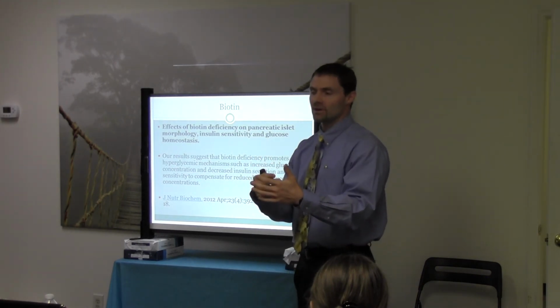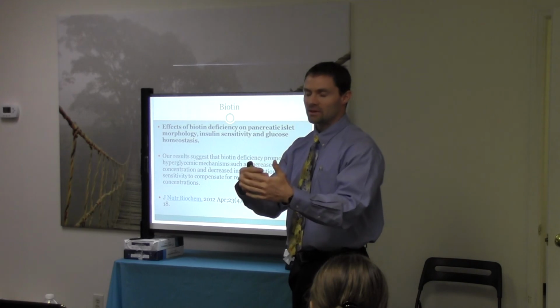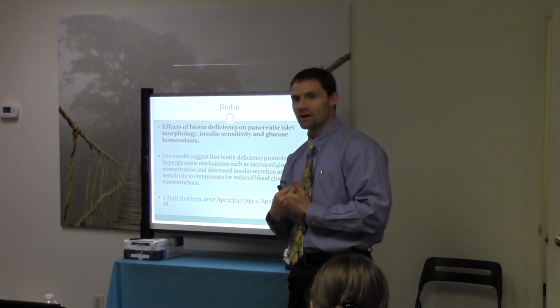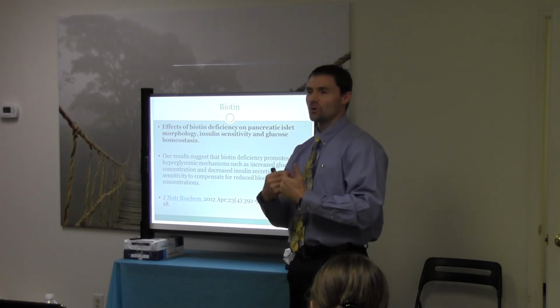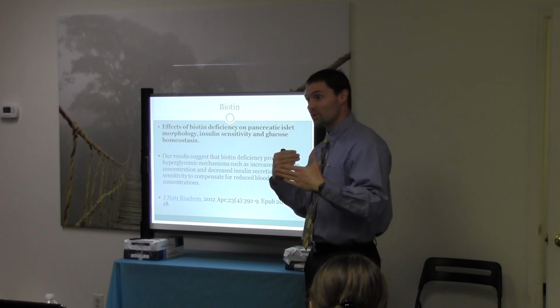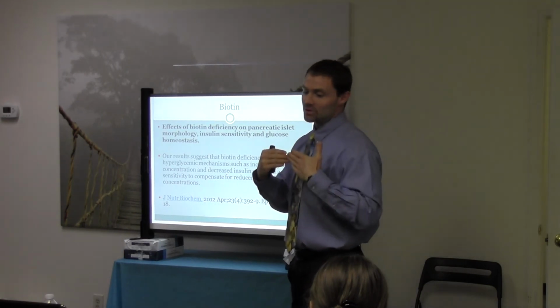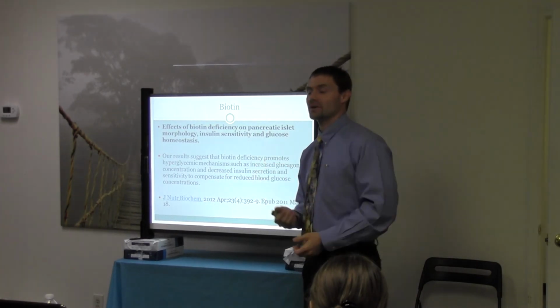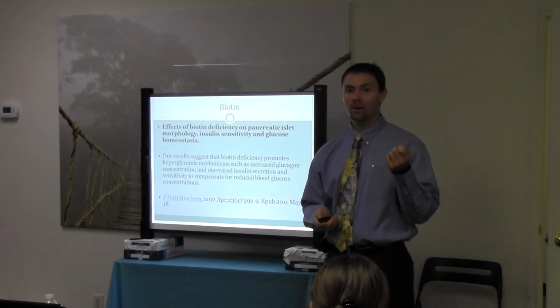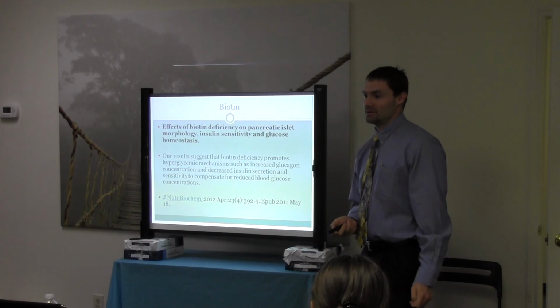Your insulin receptor sensitivity, your ability to uptake that glucose by the action of insulin and pull it into the cell, is going to be less efficient. So you've got two things working here. You can't get the blood glucose out of the blood, and you've got a higher propensity to putting it back into the blood. Right? Definitely not the scenario you want. And that's just a simple biotin deficiency.